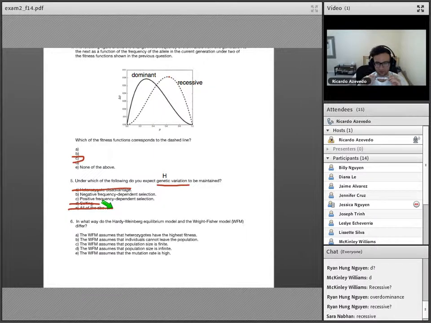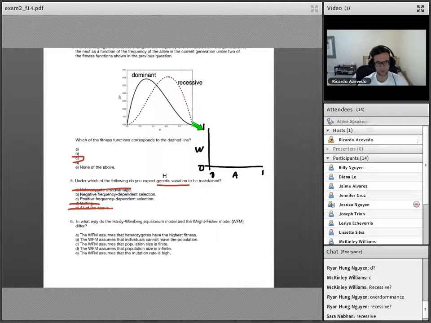So negative frequency dependent or positive frequency dependent? Let me help you. It's fitness and the frequency of, let's say, the allele A. The frequency is from 0 to 1, and the fitness is also 0 to 1.